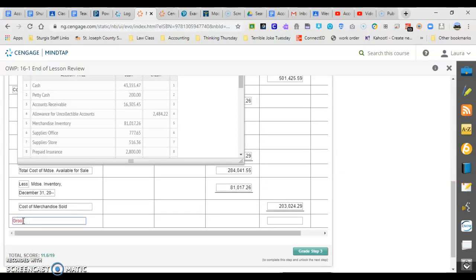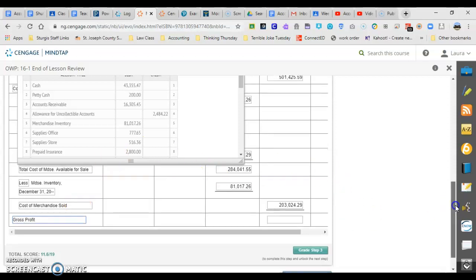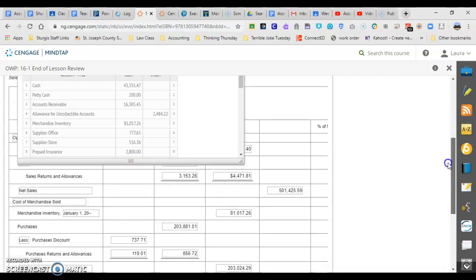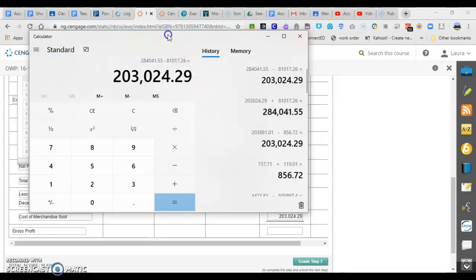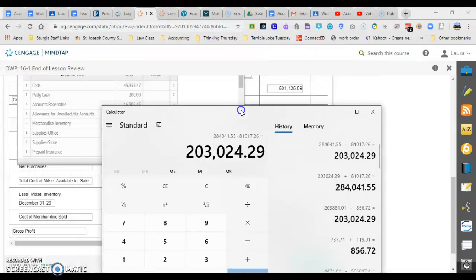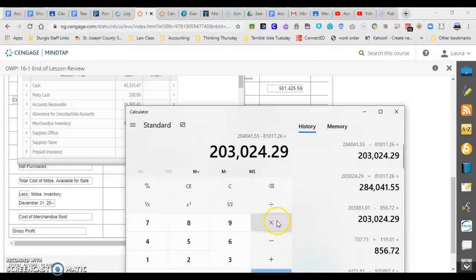So now this is our gross profit, which is, if we look back up here, our net sales minus how much our goods cost us to sell. Since I already have this number in my calculator, I'm just going to minus it.